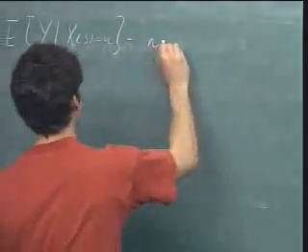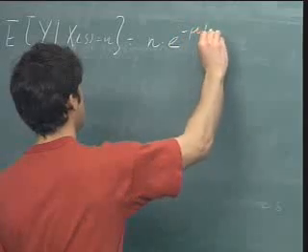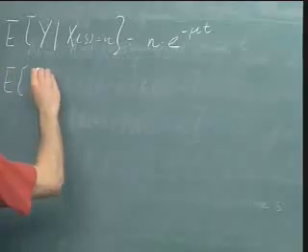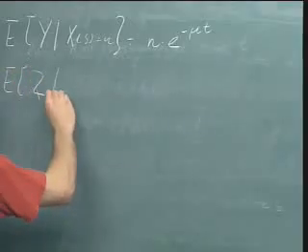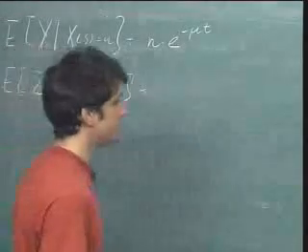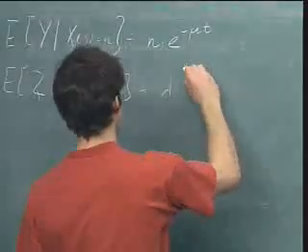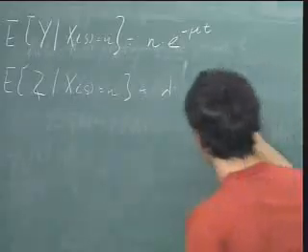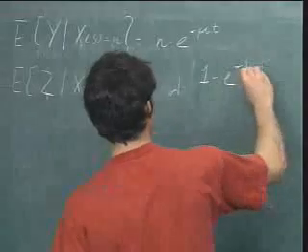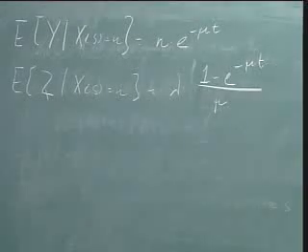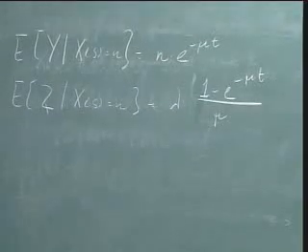With parameters n and p equal to e to the minus mu t. And this will just be equal to lambda times (1 minus e to the minus mu t) over mu. So we just add these up and we get the expectation.